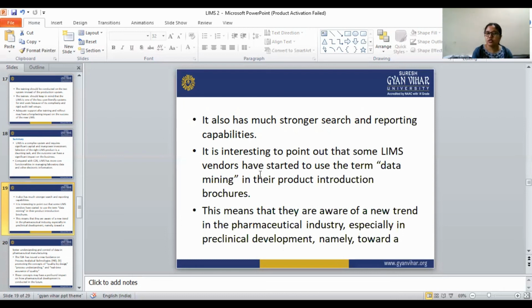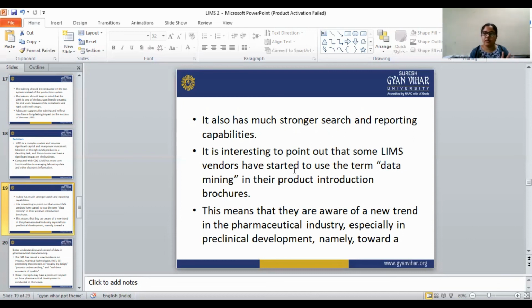It is interesting to point out that some LIMS vendors have started to use the term data mining. Data mining is the process where we collect the important data from the raw data.